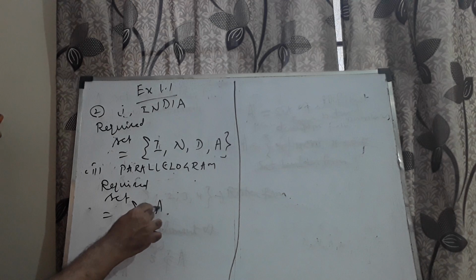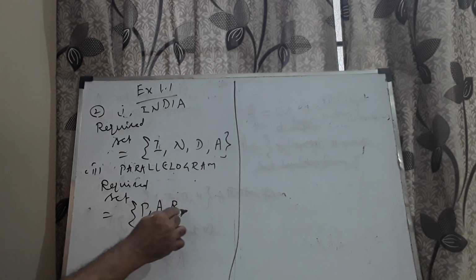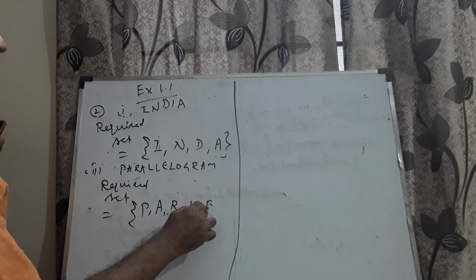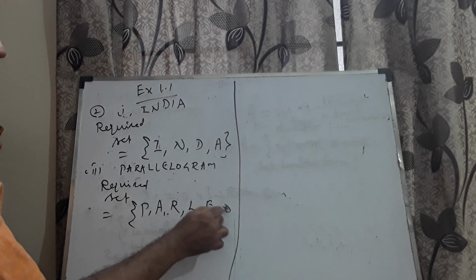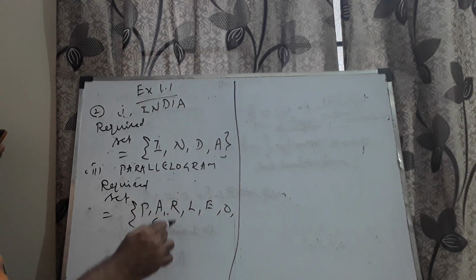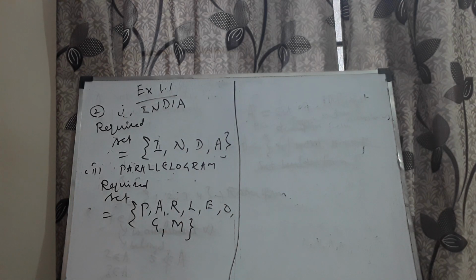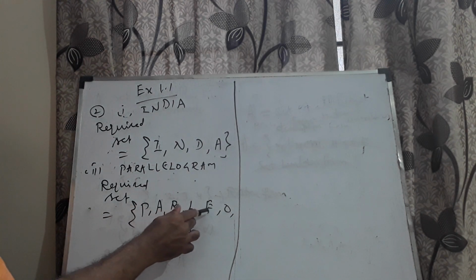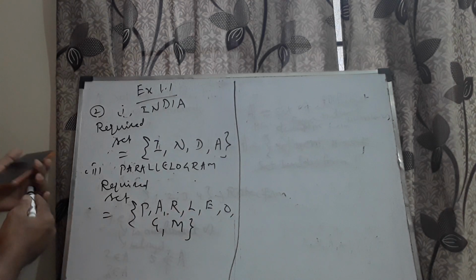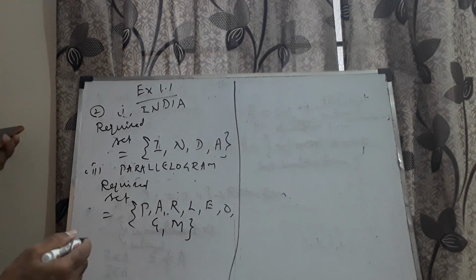P, comma, A, and I need not write A again. L, comma, E, and I need not write L again. O, comma, G, and I need not write A or M again. Read out all the letters again continuously, and if any letter is repeated, don't write it again. P, A, R, L, E, O, G, M. That is how it is written.